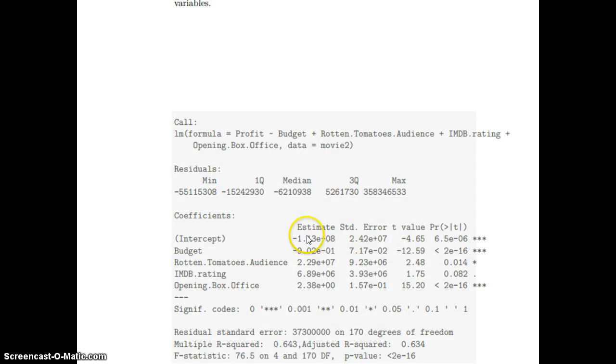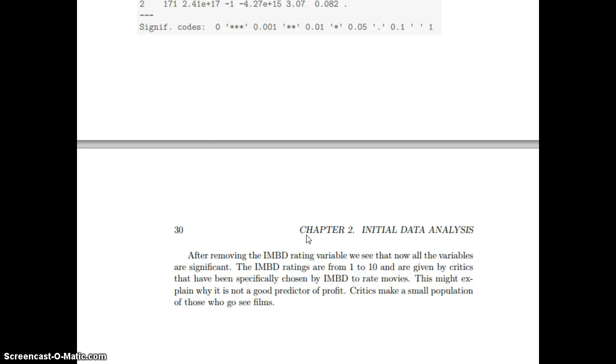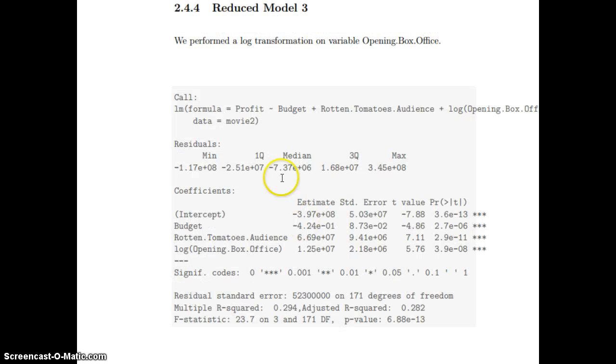So then moving on to the next model. In my next model, I take away the IMDb rating, and I was just messing around with the logs. I took the log of the opening box office, and I'll go back and fix this a little bit.